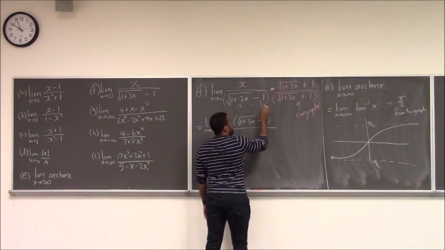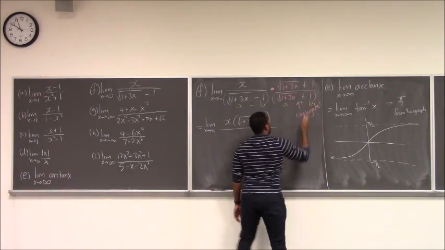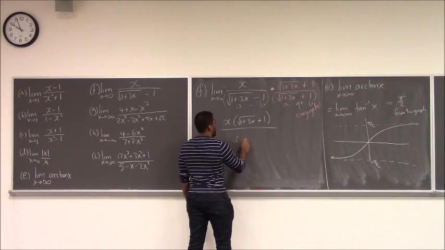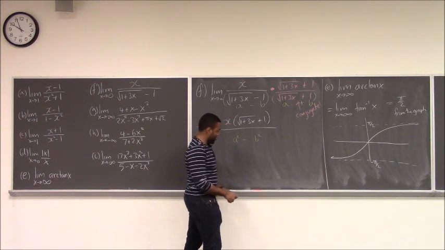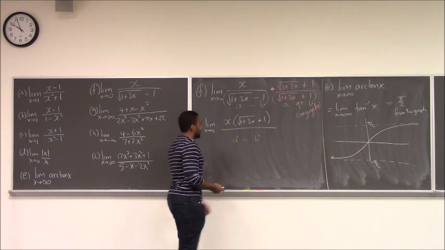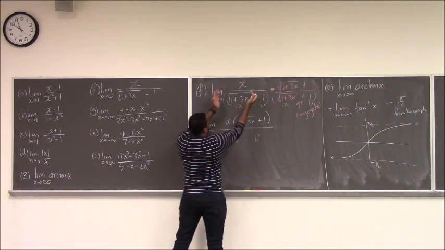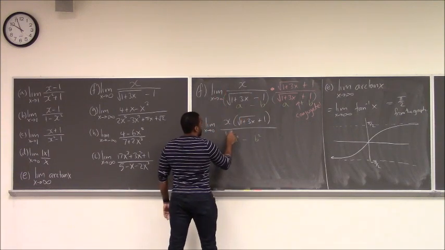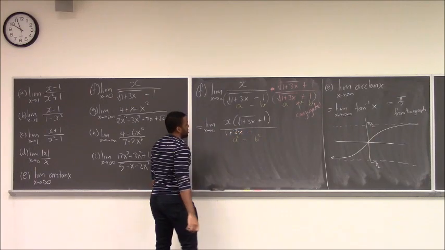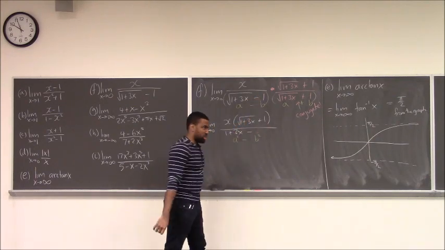A minus b, a plus b. So you know the answer should be a squared minus b squared. Right? So you take this squared, which just gets rid of the radical, minus this squared. 1 squared is just 1.